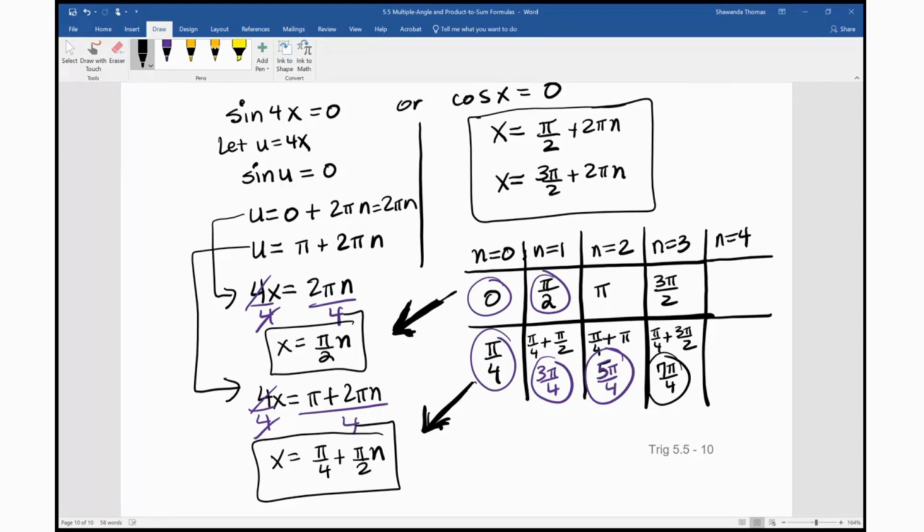Okay. Pi over 2 times 4. What is that? It's 4 pi over 2, but if you reduce it, which is what we always do, that would be 2 pi.